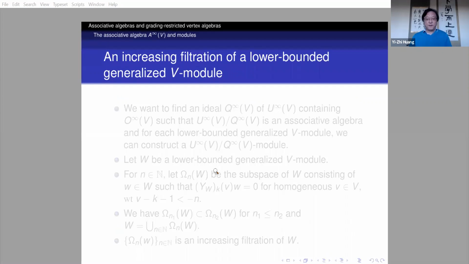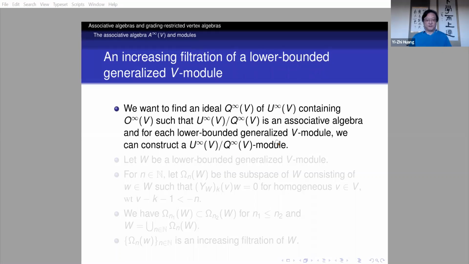So that's the idea. For a module, I need to use an increasing filtration. So here is the idea. We want to find this Q infinity, containing O infinity, such that this associative algebra will act on something coming from a module.